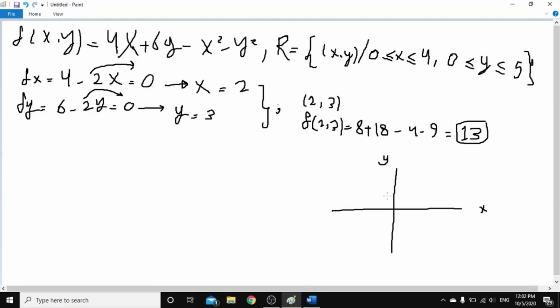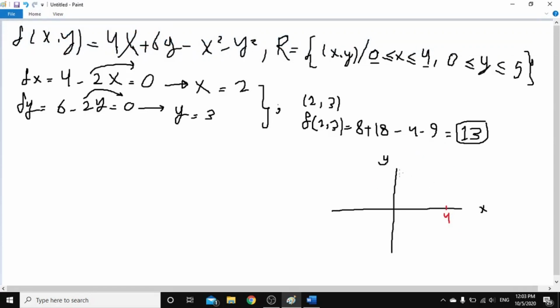Here it says that x is greater than or equal to 0 and less than or equal to 4, which means that the biggest value on the x coordinates is 4.